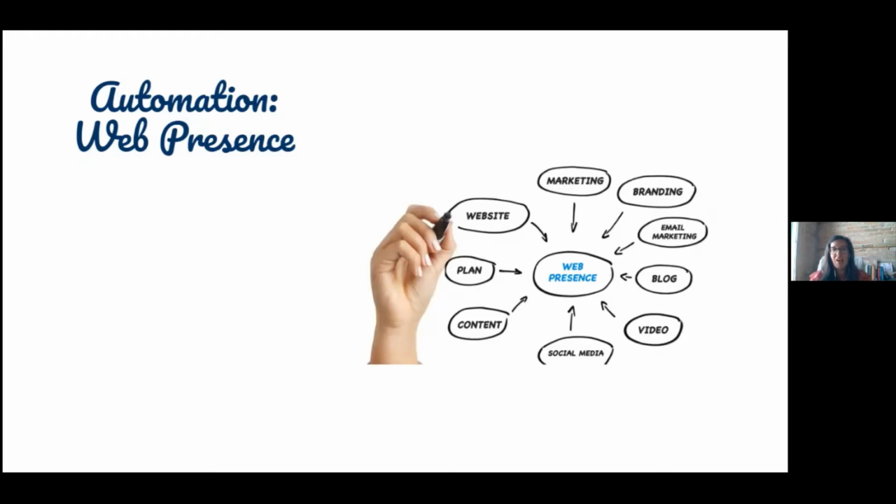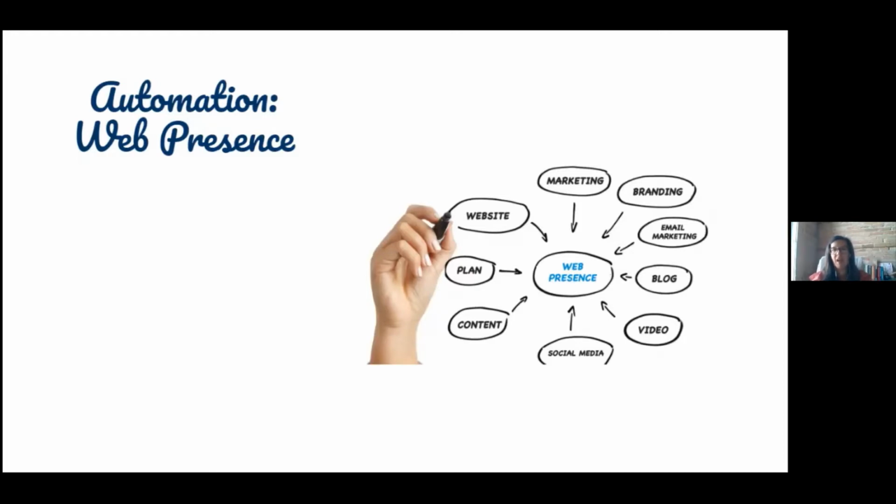We're seeing a lot more need for web presence, whether you have a brick and mortar store, a restaurant, manufacturing, or a service industry. There are a lot of different ways that we're now offering services or products to our clients and customers that maybe we weren't pre-pandemic.